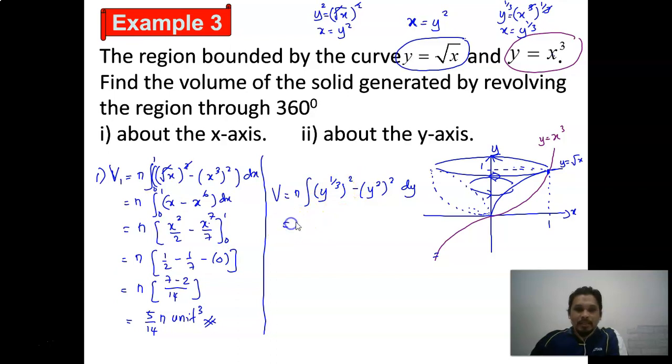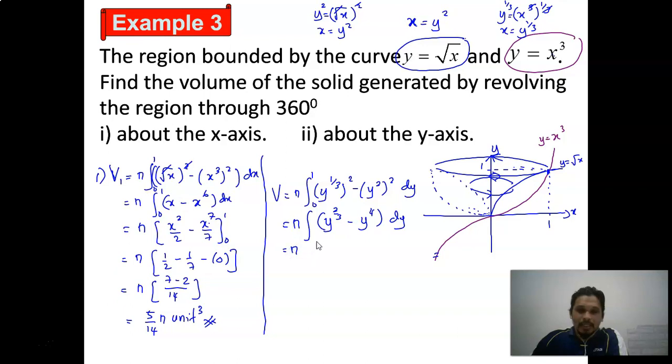Then integrate this from 0 until 1: y to the power of 1 over 3 times 2, which is y^(2/3), minus y to the power of 4, dy.